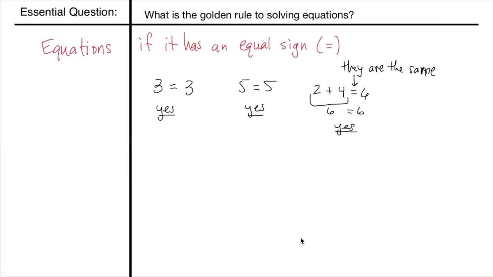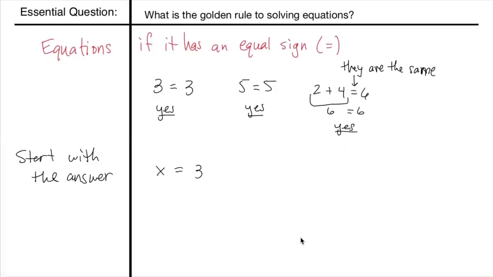We're going to create an equation going backwards. So I'm going to start with the answer. Let's say x equals 3. So some number is 3. I know that number has to be 3 because 3 equals 3. It can't be any other number. That number is 3.